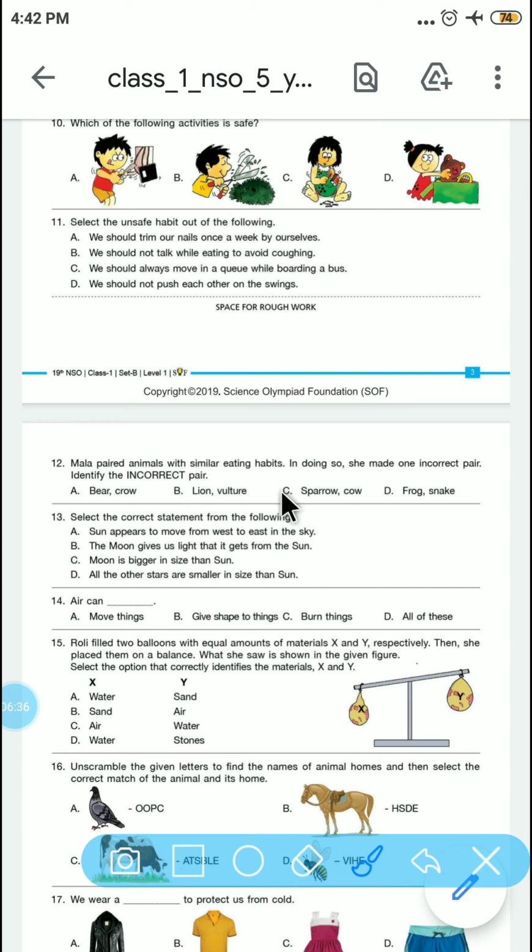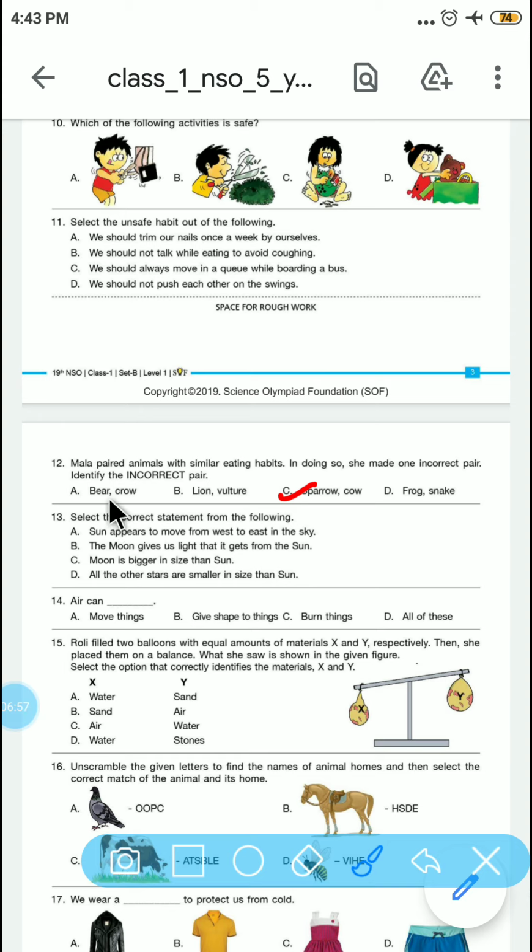So if you see, sparrow and cow is an incorrect pair because these two don't have any kind of similar activity. Sparrow used to fly off while the cows are on the ground. Okay, now let's move on. Select the correct option.